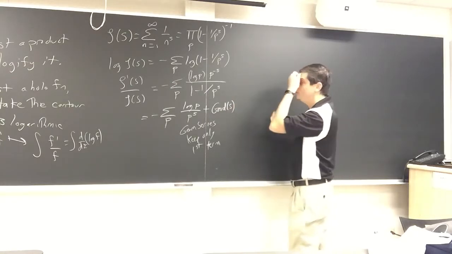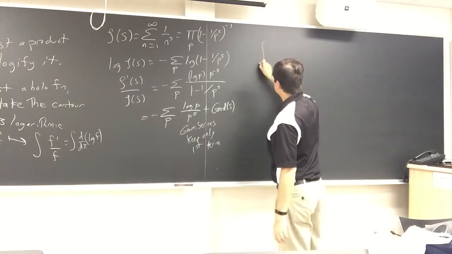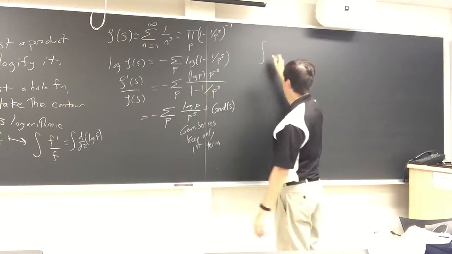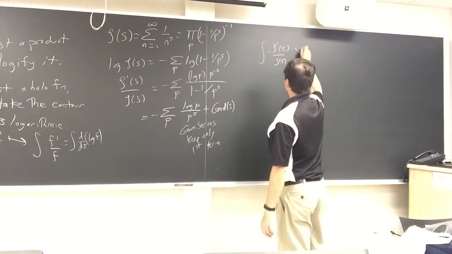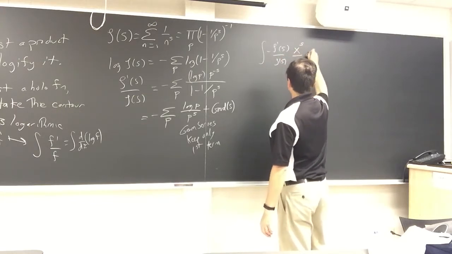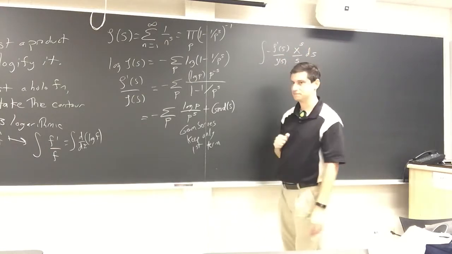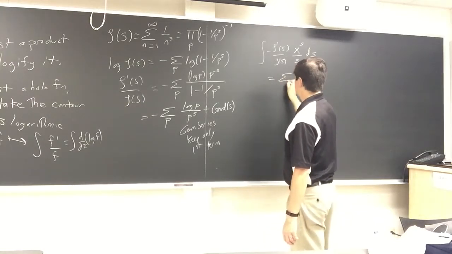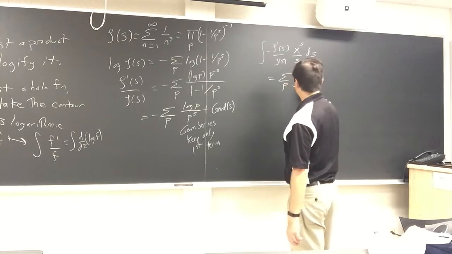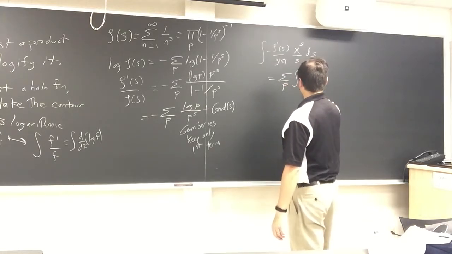So now what we're going to do is we're going to integrate. I'm going to move the minus sign over. Negative zeta prime of s over zeta of s. I'm going to multiply by x to the s over s ds. And this will be the same as the sum over p, the integral of log p.